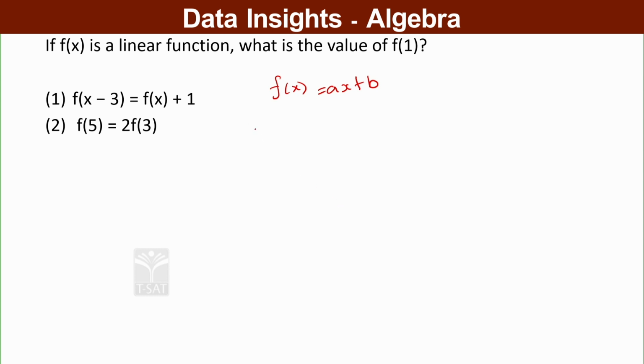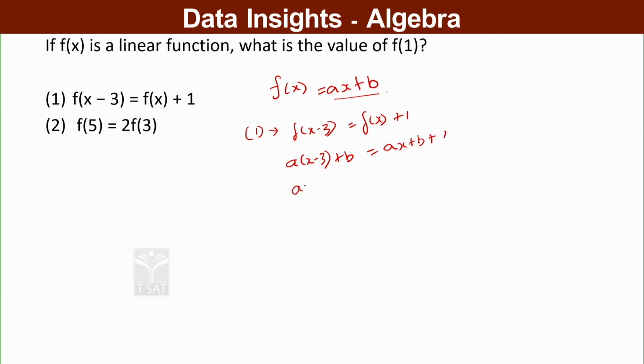Statement 1 is giving us f of x minus 3 equals f of x plus 1. Let's substitute ax plus b in place of f of x. So you have a times (x minus 3) plus b equals ax plus b plus 1.